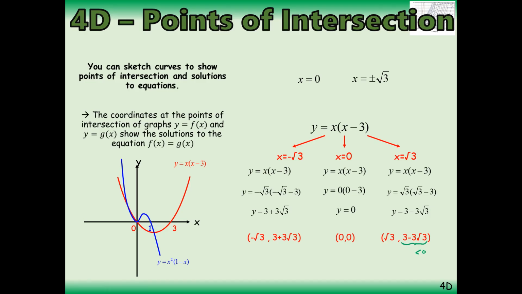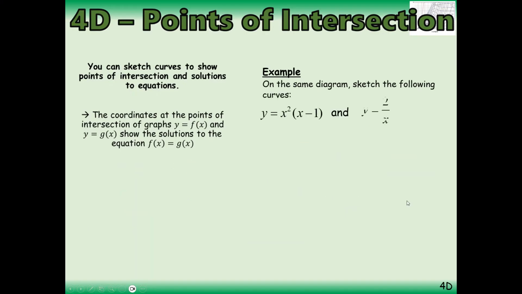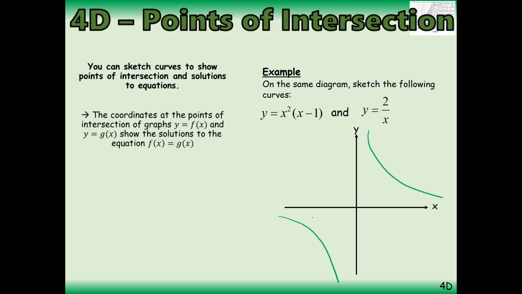Alright, so let's see what the question is asking in this part. The question has changed slightly. If you're not sure, just read it carefully. It says sketch the following curves. We know this is a reciprocal curve and it will have one part of it in this quadrant, the other part in the other quadrant.